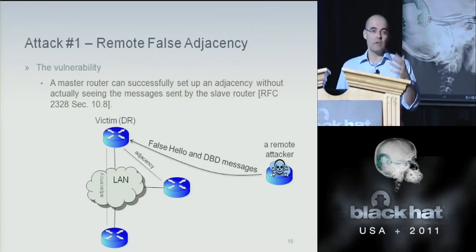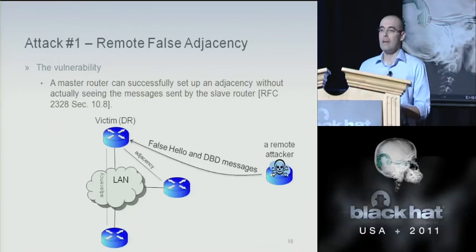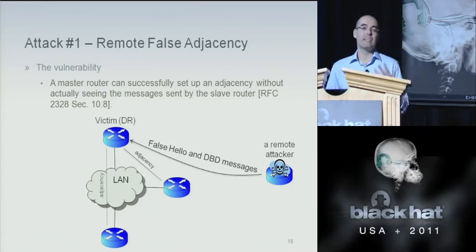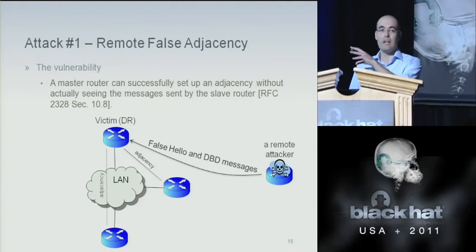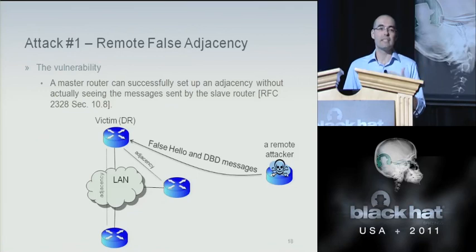This is done using unicast messages, simply sending direct messages to the victim itself. The messages appear as if they came from a phantom router located on the victim's LAN. And this way, the attacker can convince the victim router it had just successfully set up an adjacency with the phantom router.